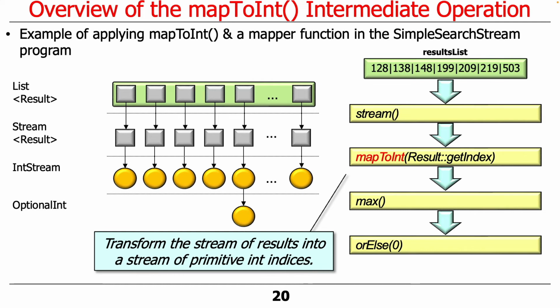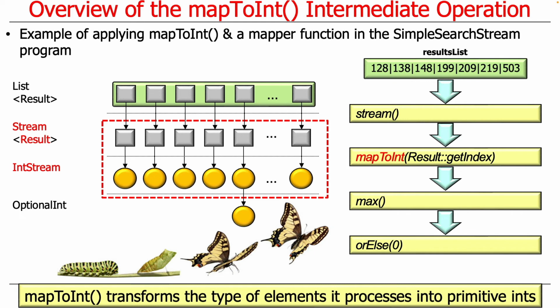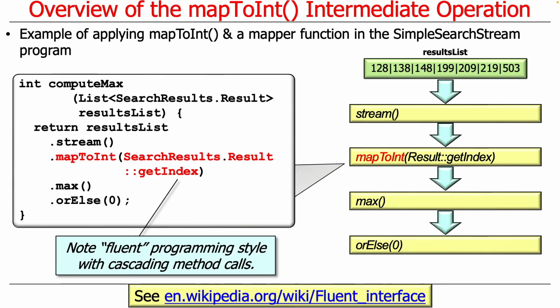And then we're going to do some stuff to it. So notice here that mapToInt transforms whatever comes in, which in this case is a stream of result objects. It's going to turn it into a stream of primitive ints. And of course, the reason we're going to do that here, as indicated very succinctly, but we'll look at this in more detail when we look at the code, is because we're taking this list of search results.